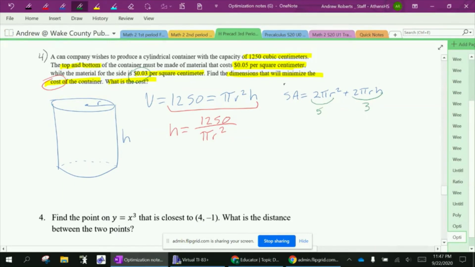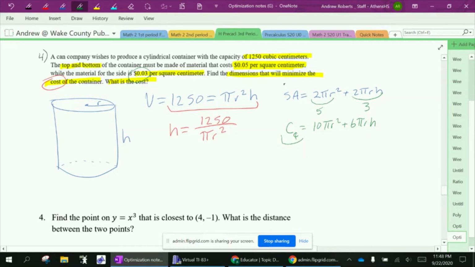It will not give me my actual answer in dollars. So once I find it, I have to divide by 100 to get my dollar value. So the total cost is going to equal 10 pi r squared plus 6 pi r h, and that will give me my cost in cents. Okay. Now, I can't graph this and find the minimum until I have one variable, which means I've got to replace my h value.